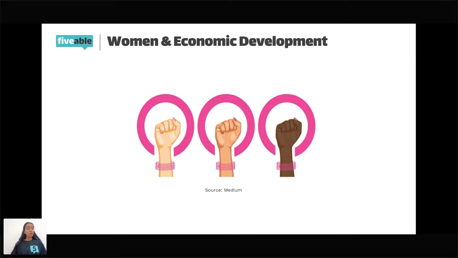And when they work, they also have less time for children, which decreases the birth rate, which goes along with the DTM, the demographic transition model. Once you have those lower birth rates, you start having more development. And overall, they can depend less on the men of the household if they start making their own money.